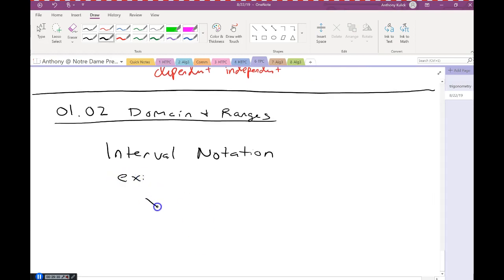So let's say we have the inequality x is less than 2. To write the interval for this, I need to start by determining what the lower bound is and the upper bound is for the values that are less than 2. What's the lower bound on the values that are less than 2?